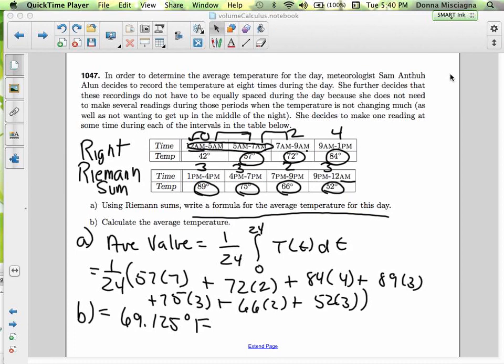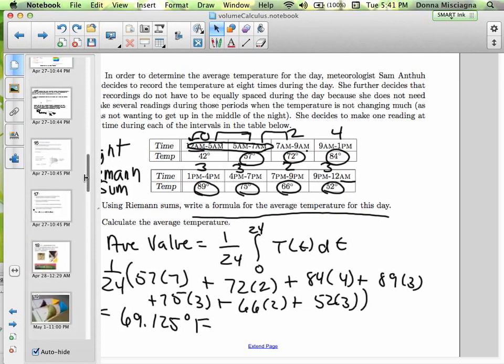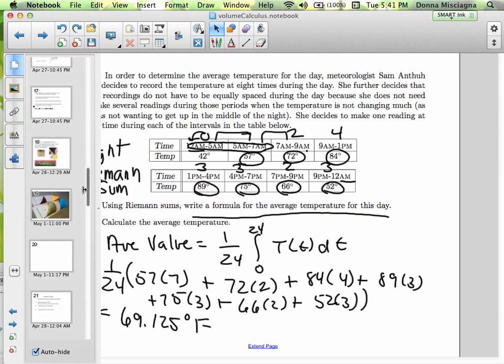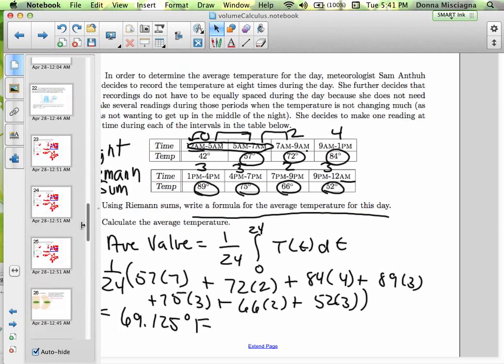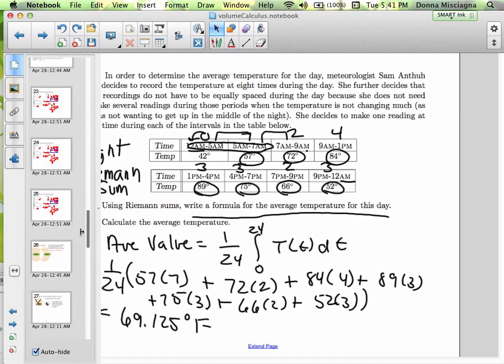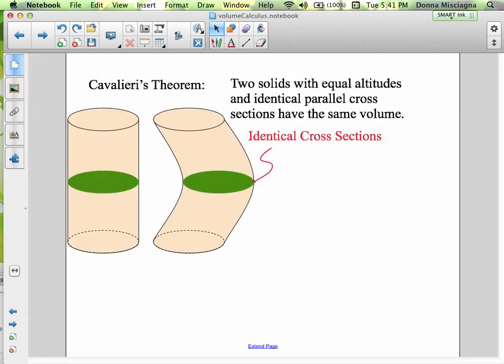All right, so let me go up to volume. And we were talking about volume by cross section. This one that we're going to look at is a little bit tricky, but I think we can handle it. Right, so Cavalieri's principle: two solids with equal altitudes and identical parallel cross sections have the same volume.